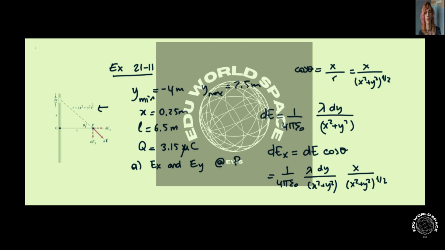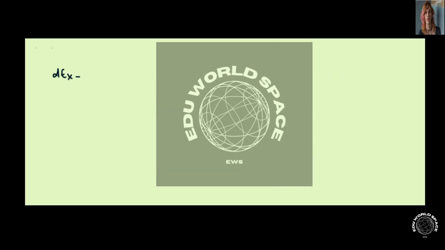Now, if we rearrange dEx, then what we have looks something like 1/4 pi epsilon naught lambda x dy over x squared plus y squared to the 3/2, right? Okay, now we're going to take the integral.